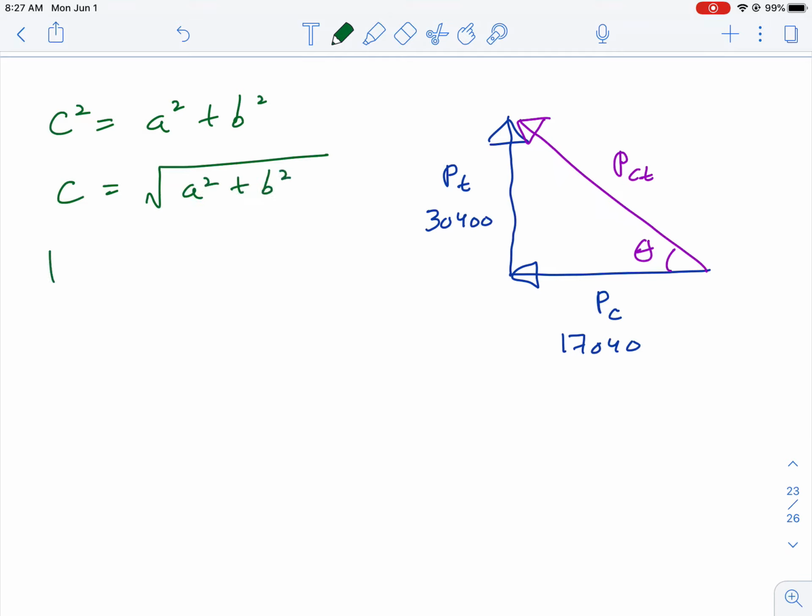And therefore, P_CT, which is the hypotenuse, is the square root of, in this case, it doesn't matter what order we go in here, 17,040 squared plus 30,400 squared. All right, that comes to about 34,850.